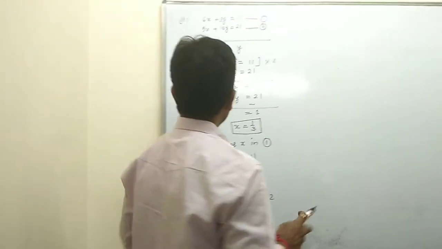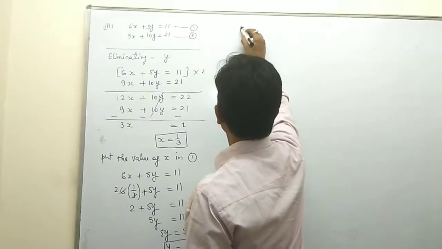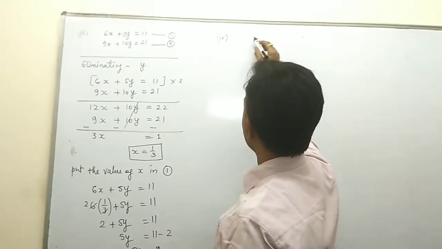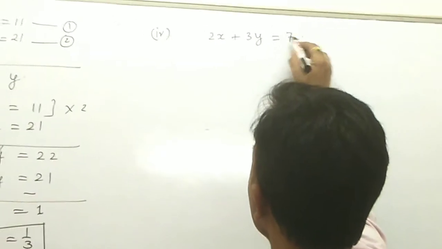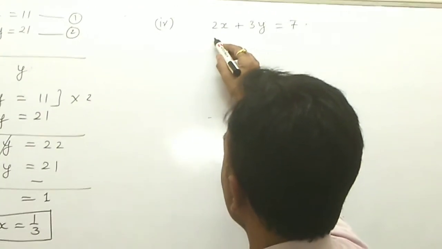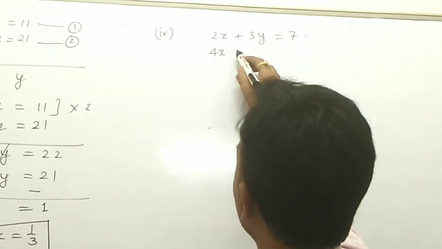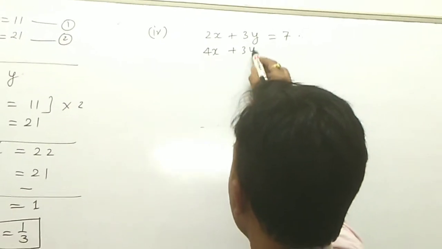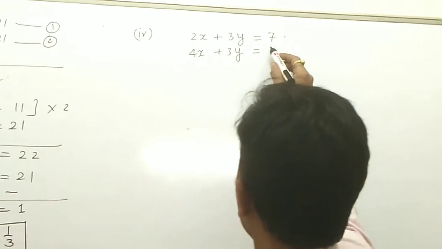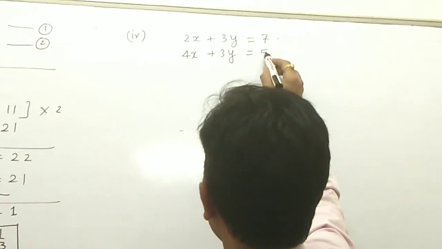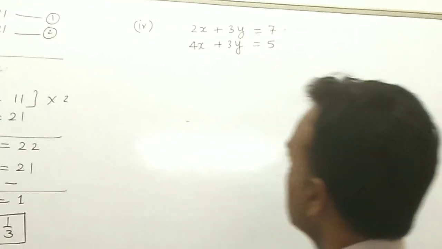So now we have the fourth example, again in another form. You have 2x plus 3y equal to 7, and now here we have 4x plus 3y equal to 5.